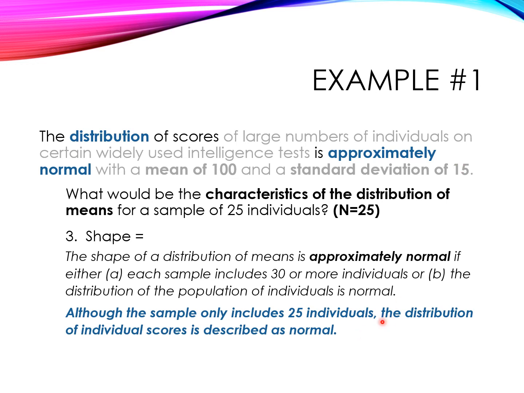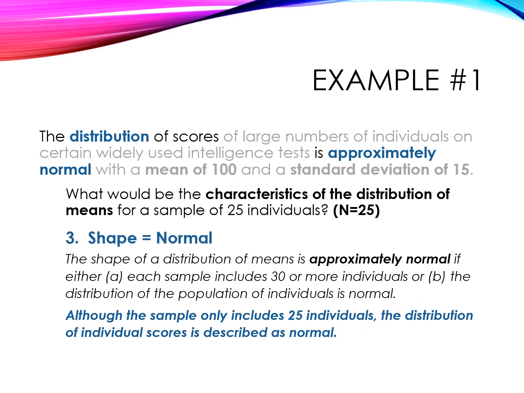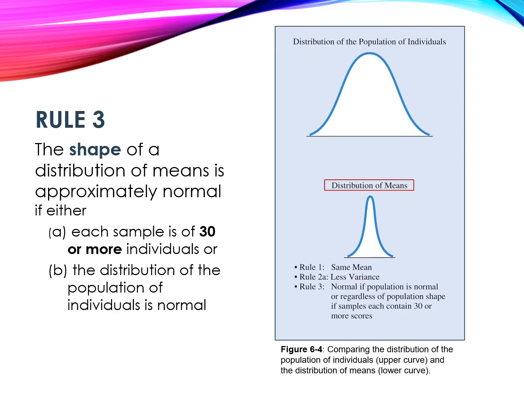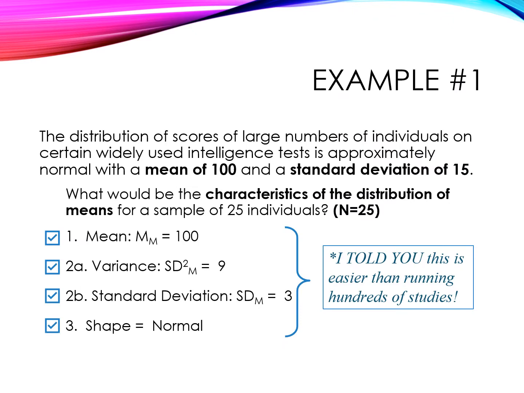And so we can assume that the shape of our distribution of means is also normal. Okay, good. So we've got our rules. I told you this would be easier than running hundreds of studies. Are you following along now? Does this make a little bit more sense?